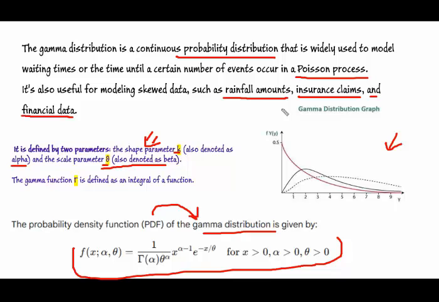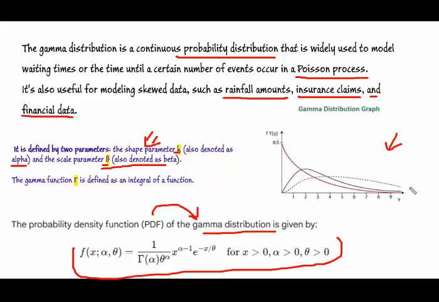Firstly, let's focus on the definition of the gamma distribution. Gamma distribution is a continuous probability distribution that is widely used to model waiting time until a certain number of events occur in a Poisson process.